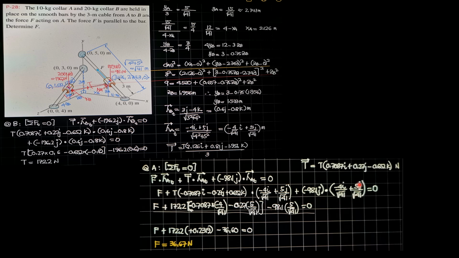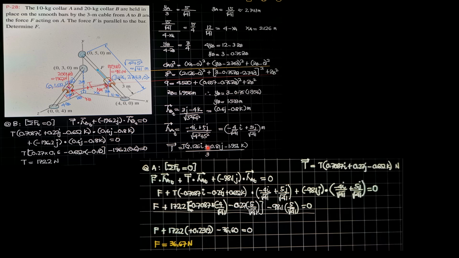So we multiply or dot it with the corresponding component 5j over square root of 41 and equals 0. So this value is positive 0.2319, then 172.2 times the value inside the brackets, 0.2319, then this is negative 76.6, then equals 0.